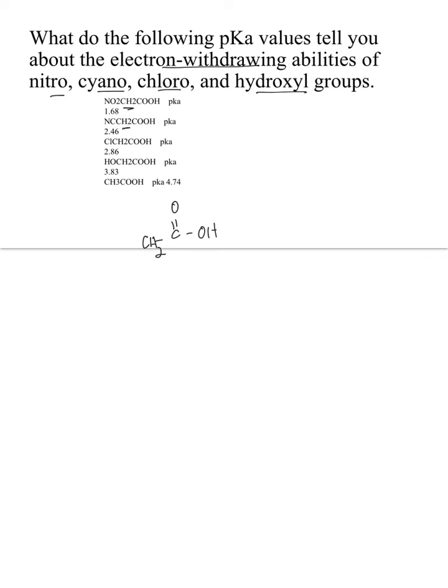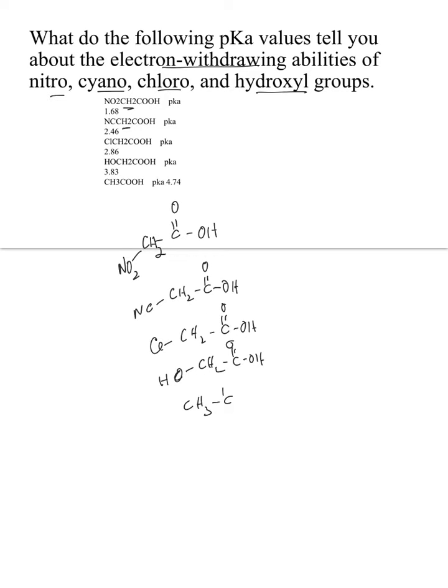All these have CH2, and then this has a nitro, or this has a nitrile, or the next one has a chlorine on the alpha carbon. The other one has an OH on the alpha carbon, and then the other one is just without.